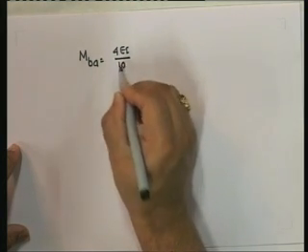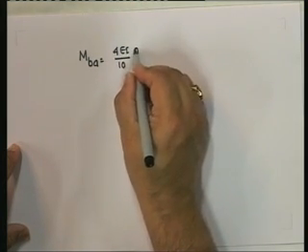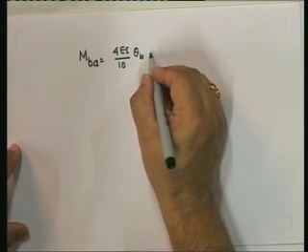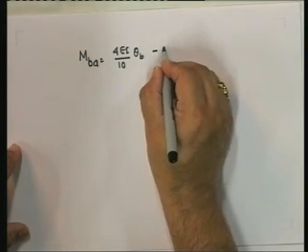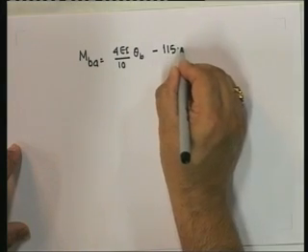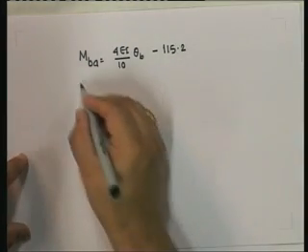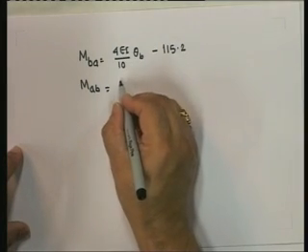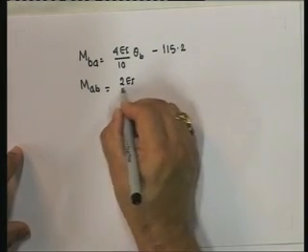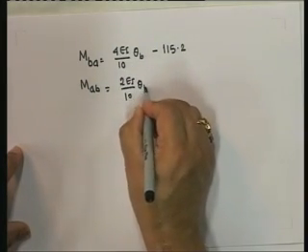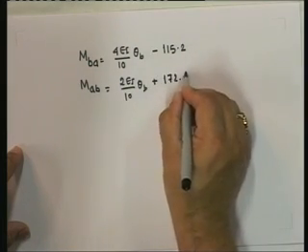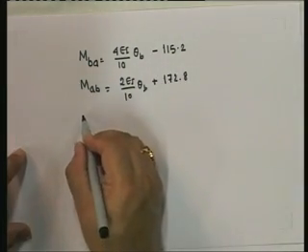So it's 4 EI upon 10 theta B minus 115.2. MAB is equal to 2 EI upon 10 theta B plus 172.8.